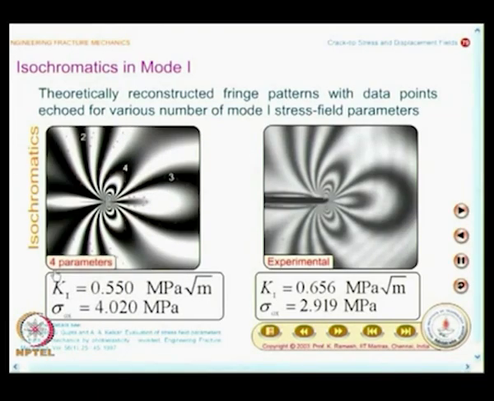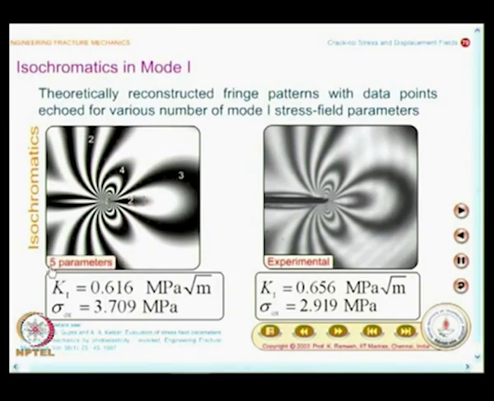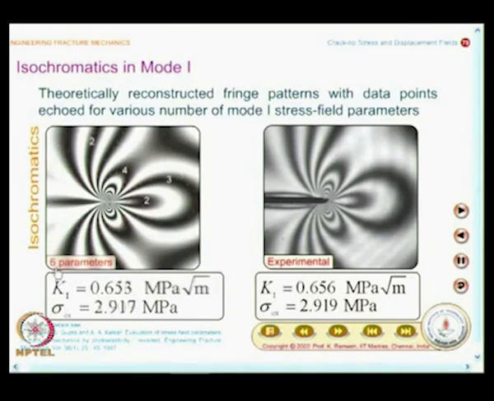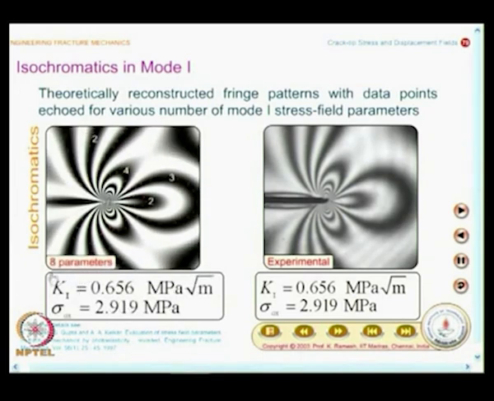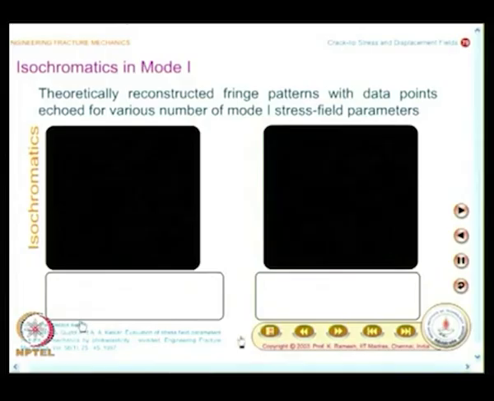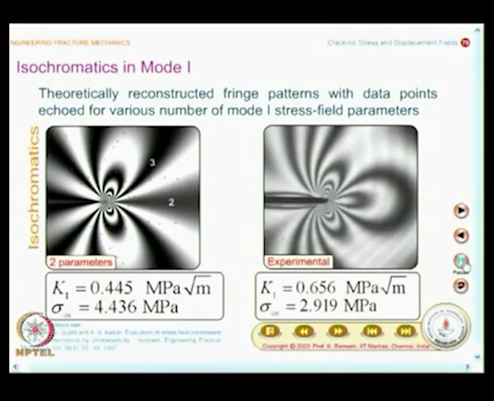You would notice it is for 4 parameters, 5, 6, 7 and 8 parameters, and you can also notice that the values of k1 and sigma naught x change as a function of the number of parameters.